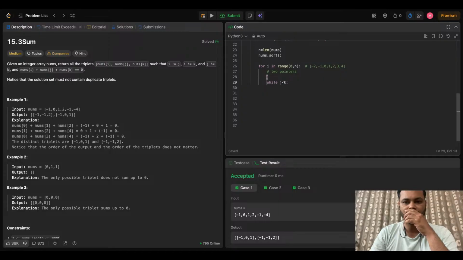So I have to assign my j and k also. k I want at the last position, means n minus 1 position, and j is equal to I plus 1 position initially, because I we have already defined it here.